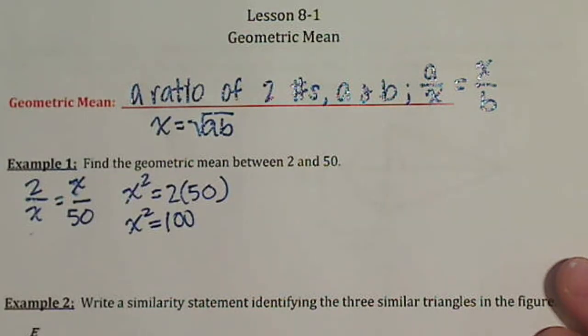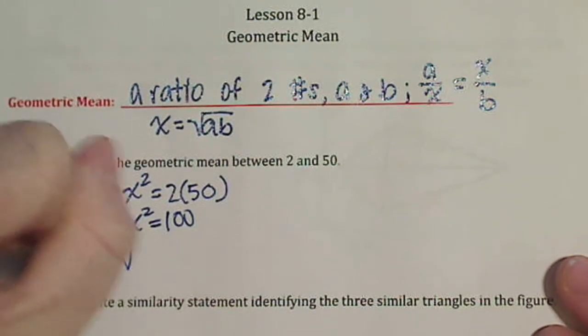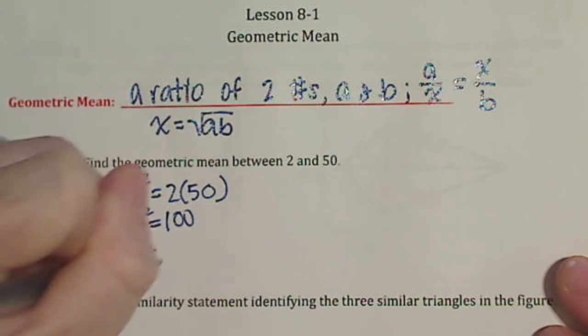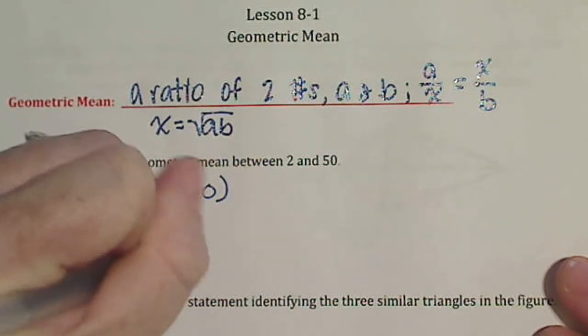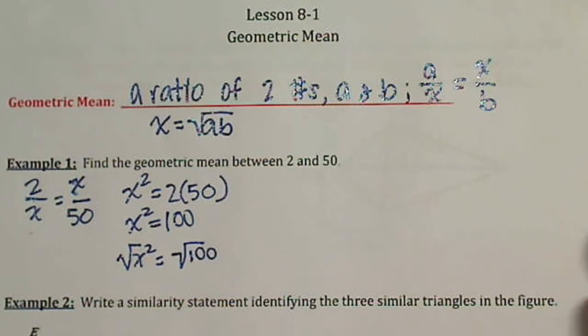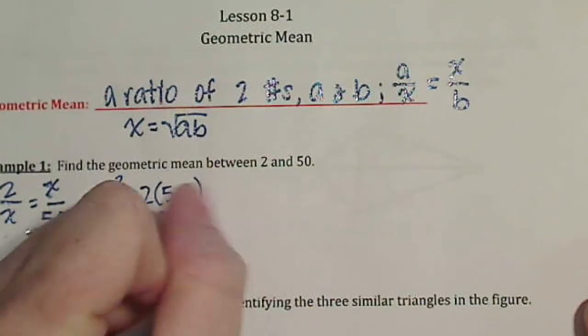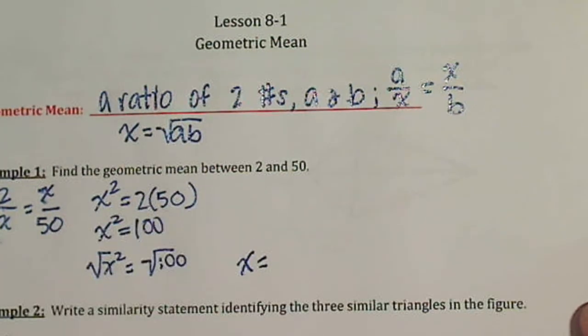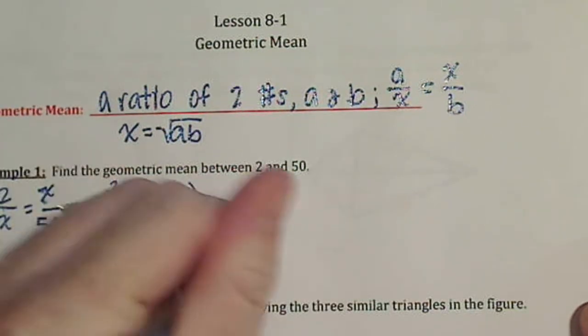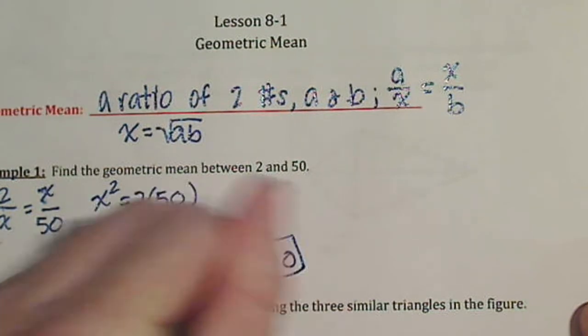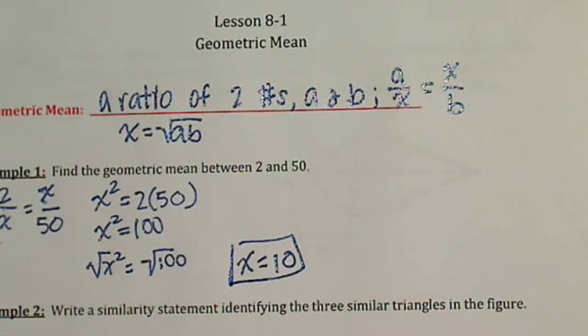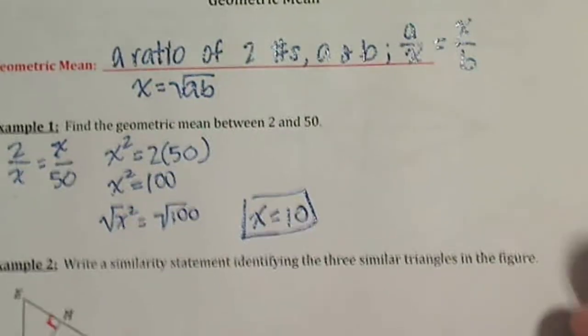I need just X, so we have to square root X squared and square root 100. So that's where this comes from, because the square root of X squared is X. So X equals the square root of 100, which is 10. Very good.